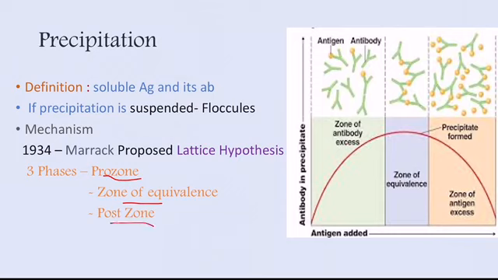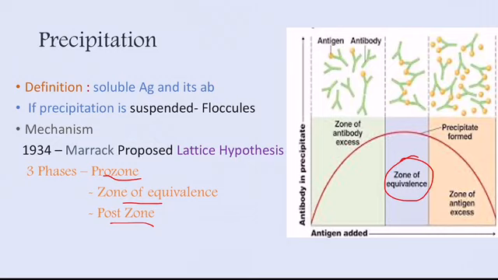The graph shows that increasing concentrations of antigen are added to the same amount of antiserum in different tubes. The precipitation will be observed most rapidly and abundantly in one of the middle tubes, where the antibody and antigen are present in optimal proportions. That zone is called the zone of equivalence. In the zone of equivalence, the antigen and antibody concentrations are optimal.